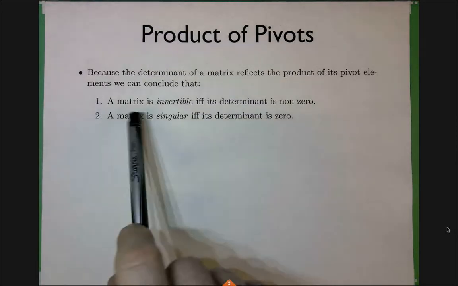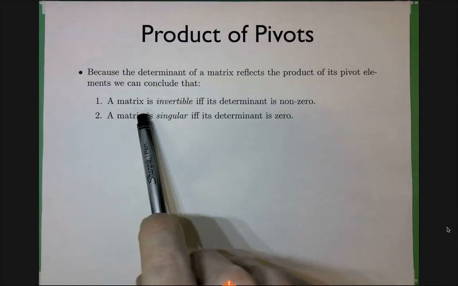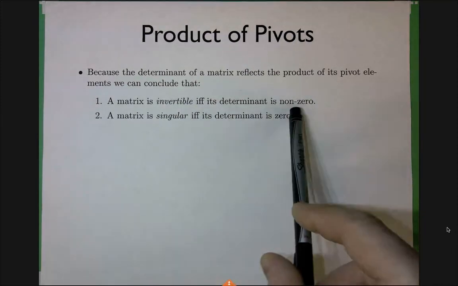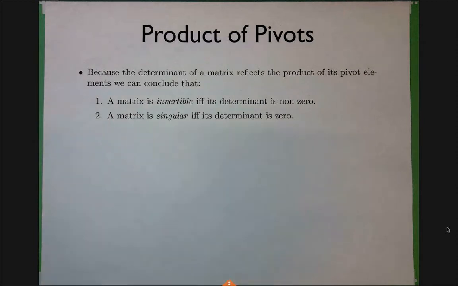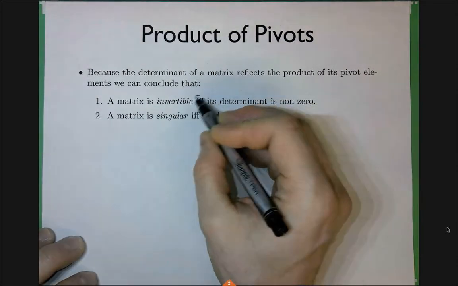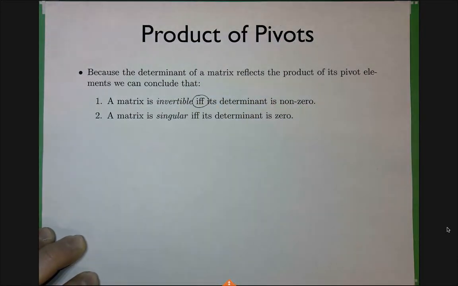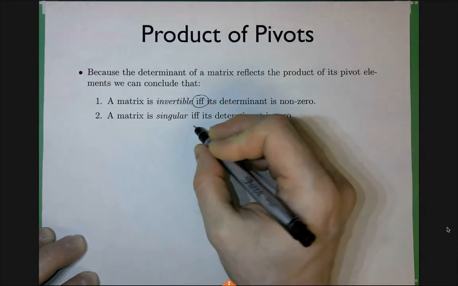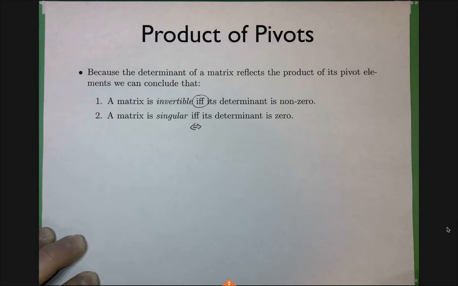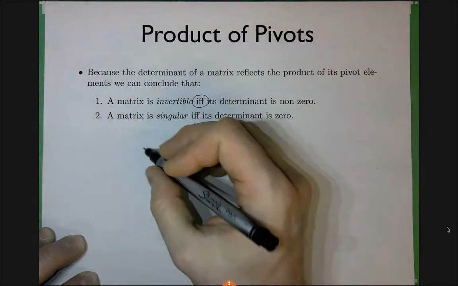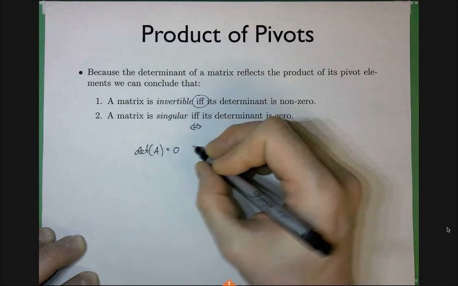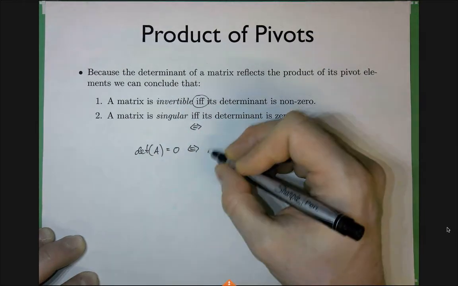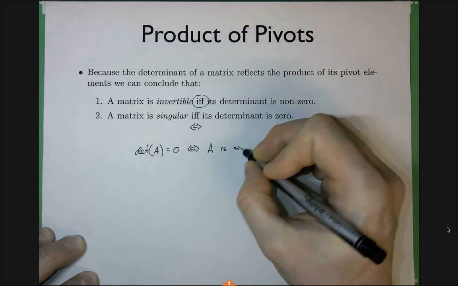So from this we can conclude that it's indeed true that if the matrix is invertible, then the determinant is non-zero, and if the matrix is singular, then the determinant is 0. This "if" means "if and only if". I don't know if you have seen that. Probably yes. I sometimes also write it like this, like a two-sided implication. The determinant of A is 0 if and only if A is singular.